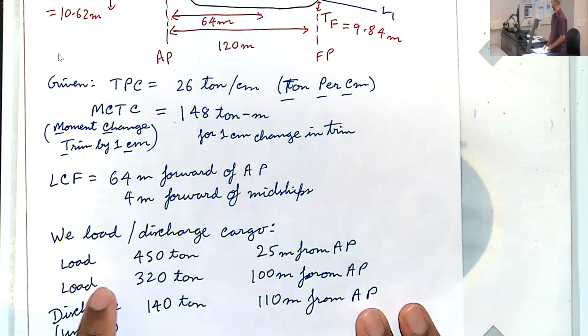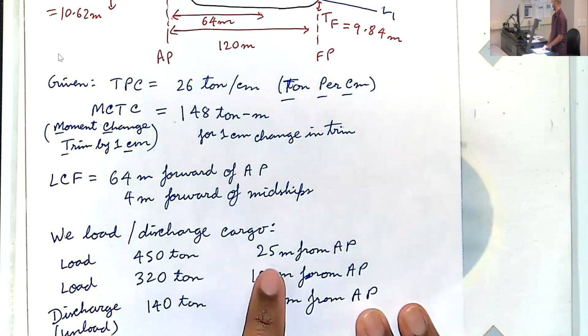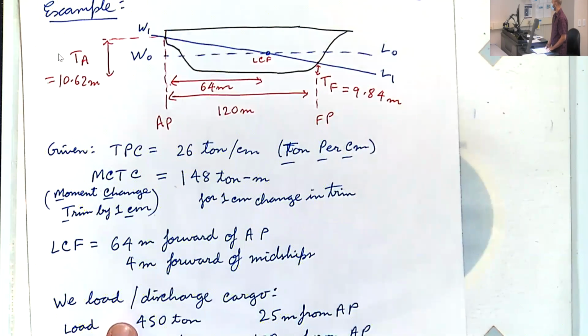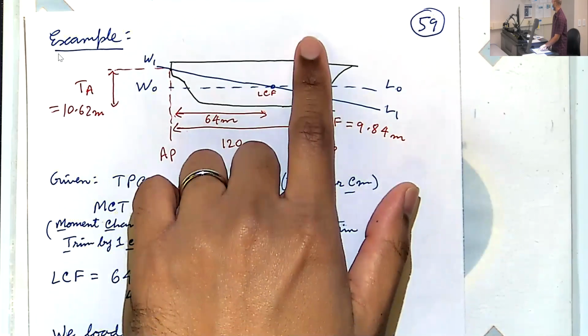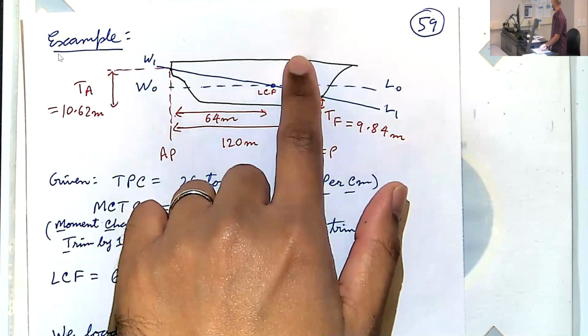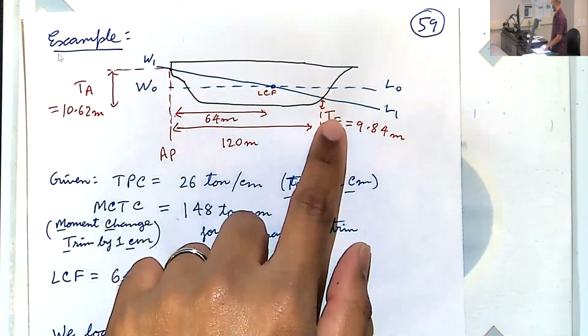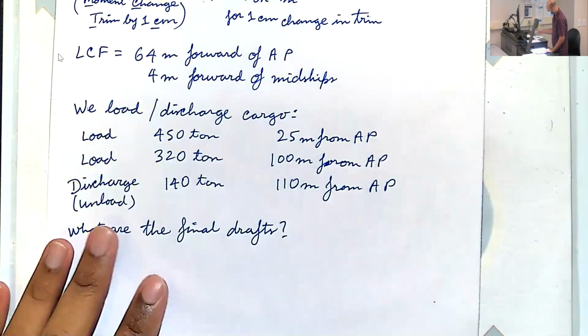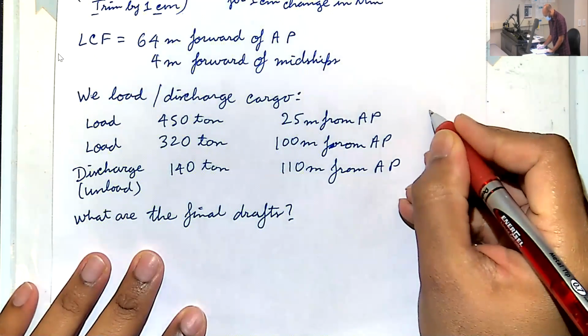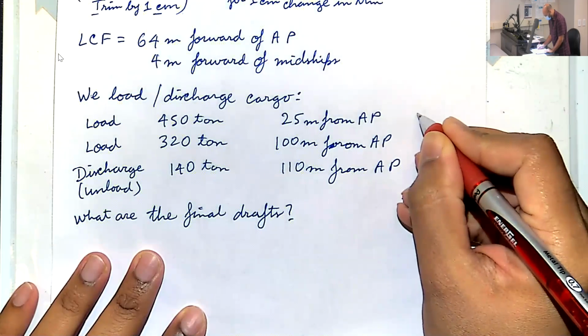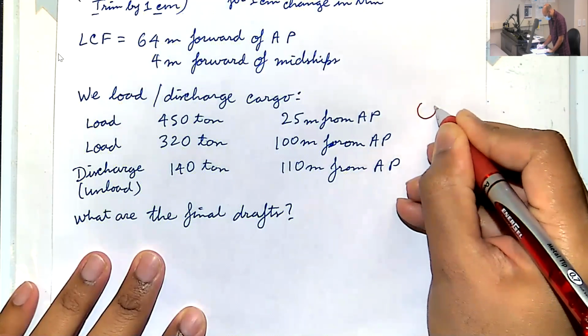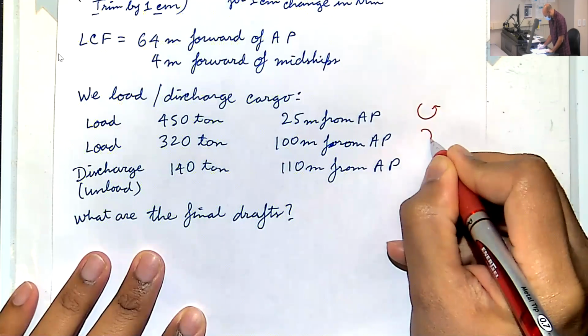The second container, some weight, 100 meters from AP. Let's see, 100 meters from AP is somewhere here. So this would cause a clockwise rotation, so nose down moment. So just to keep track of that, let's mark this. This is nose up moment. That guy is nose down moment.